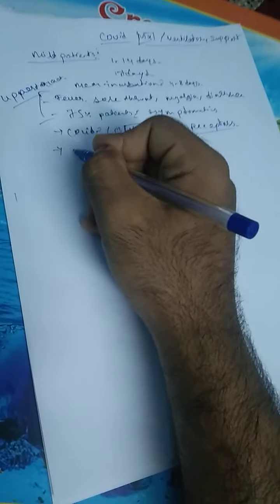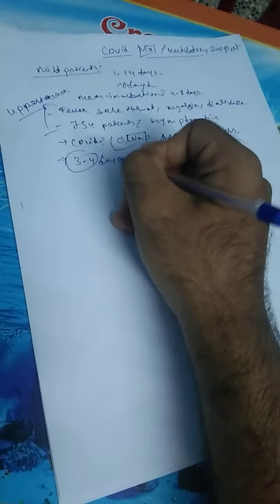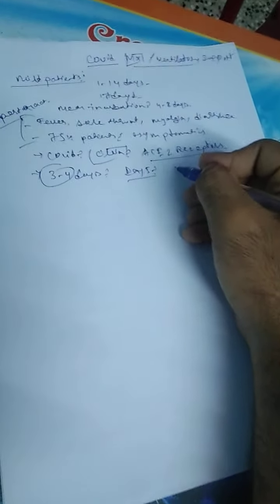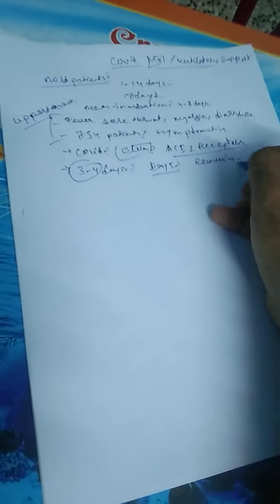In this first stage, the mild COVID phase, there is mostly only an upper respiratory tract infection, and not much of a lower respiratory tract infection. Mild patients generally present for up to 3-4 days, and by day 5 or so, the patients are gradually recovering and doing well.